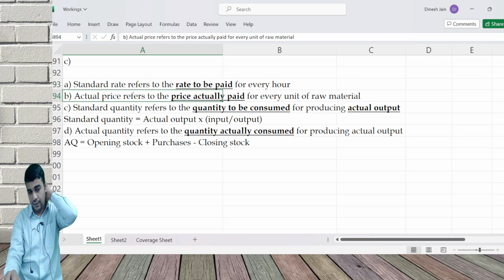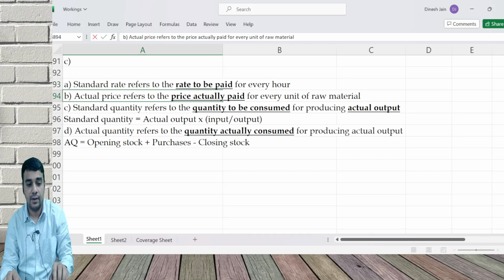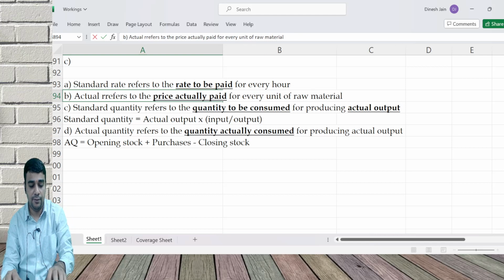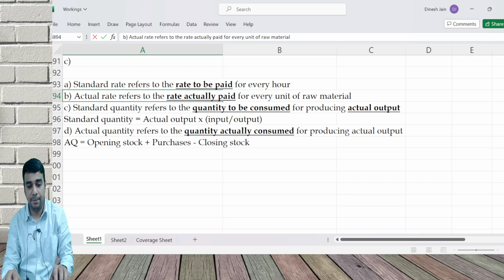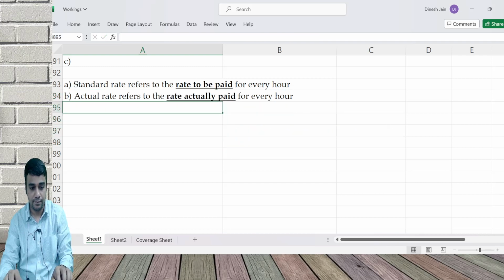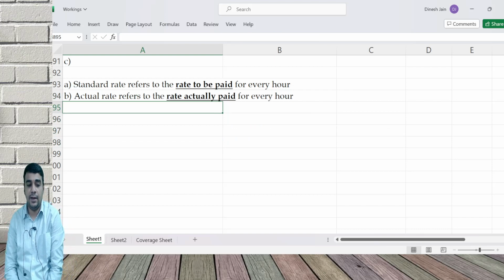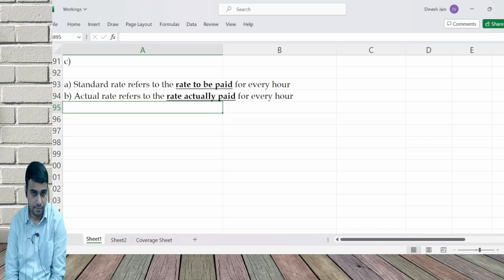Actual rate refers to the rate actually paid for every hour. Rate to be paid and rate actually paid.